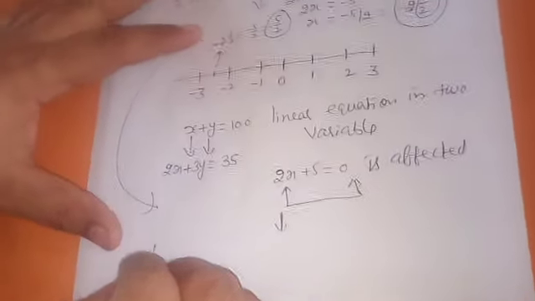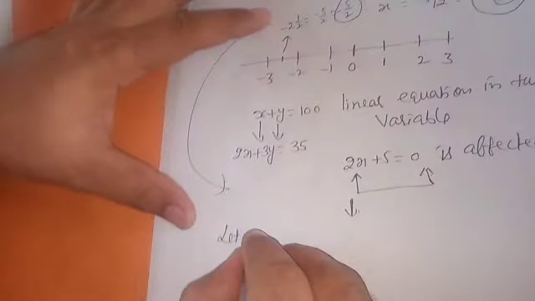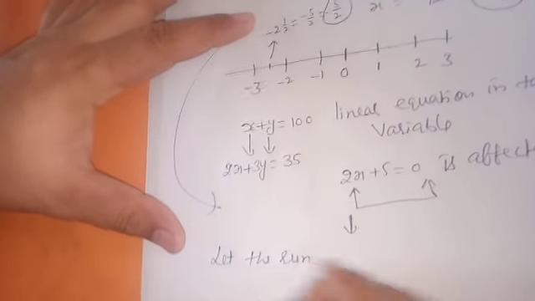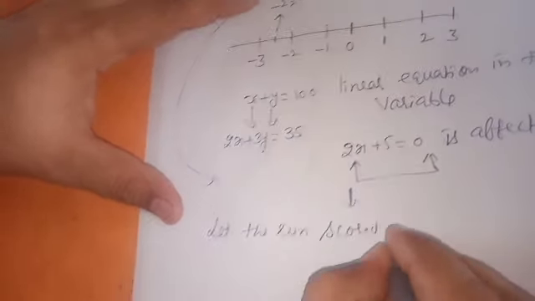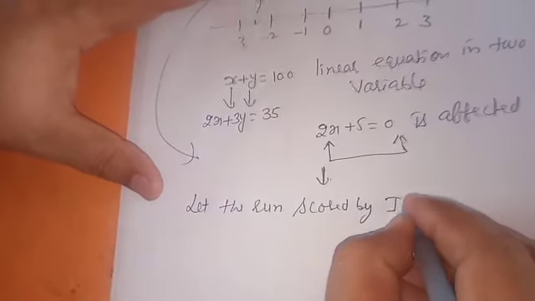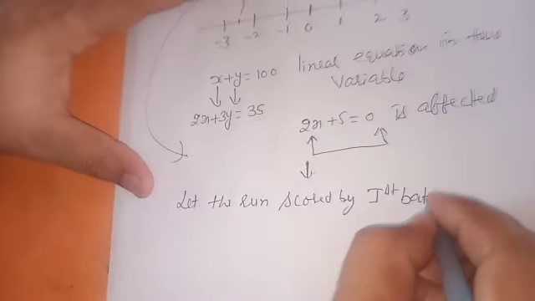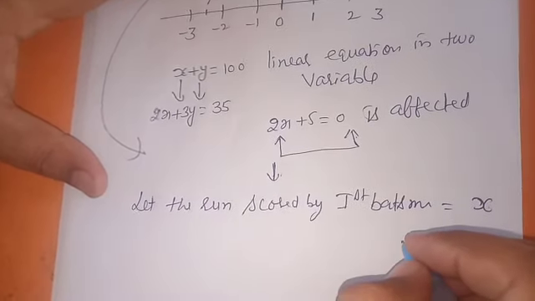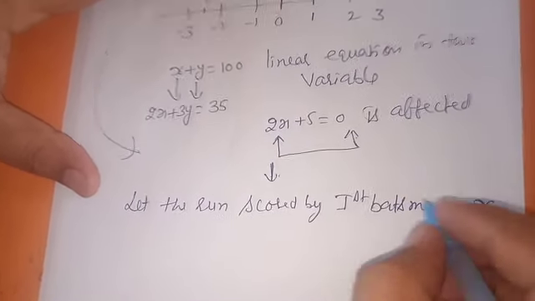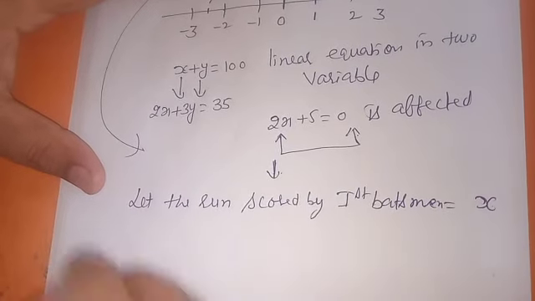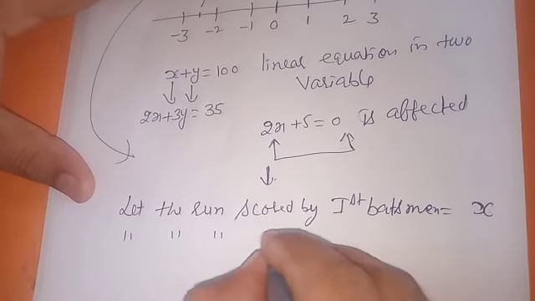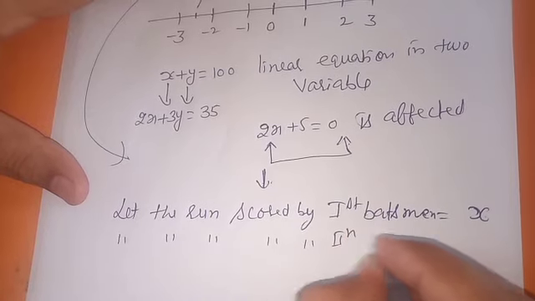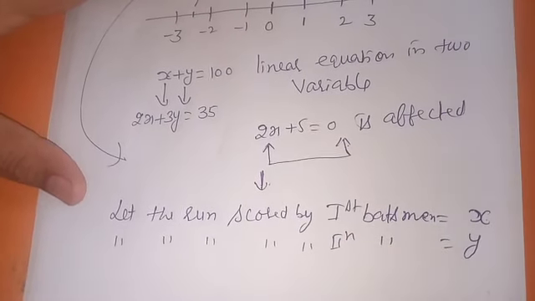So you can say like this, according to your assumption, let the run scored by first batsman, how much? X. Let the run scored by second batsman is Y. Understood?